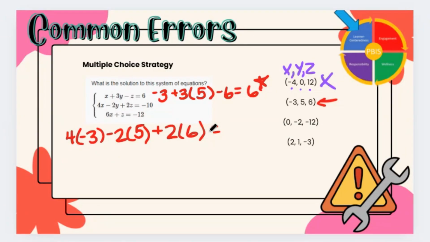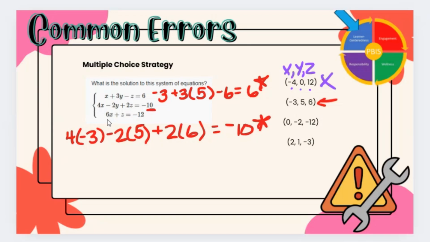And I get -10, which is, again, what we want to get. So that one's good. And just for good measure, I'm going to make sure it works for the third one.